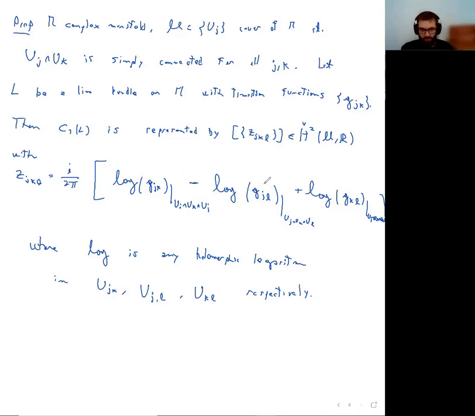For U_jk, U_jl, you have a logarithm, you take it, you restrict it. And the point is that if you take a different logarithm, you know that two different logarithms differ from each other by 2 pi i k, right? So if you take a different logarithm, all you would get here is plus 2 i pi k, which simply cancels after this alternating sum. But then this represents the same class.